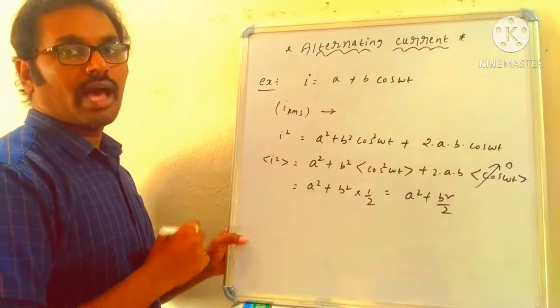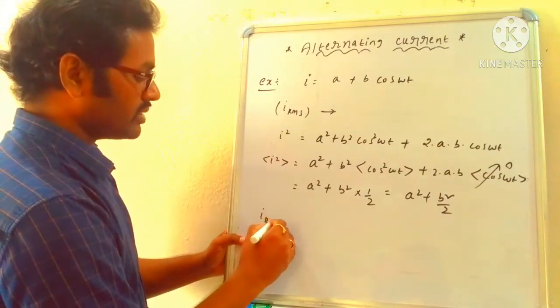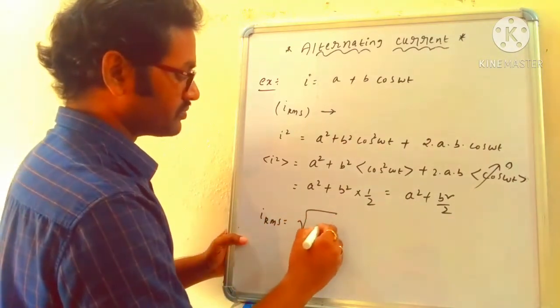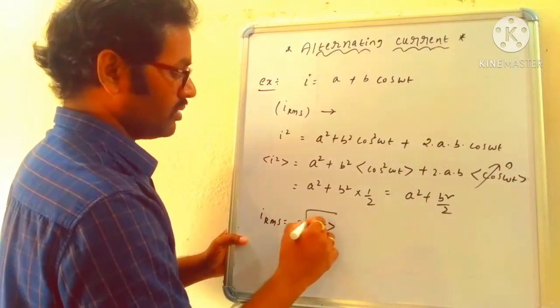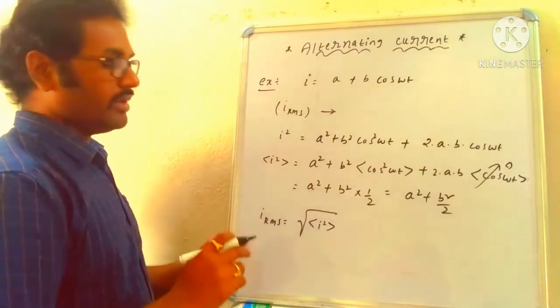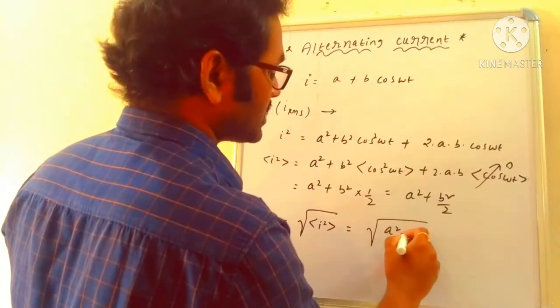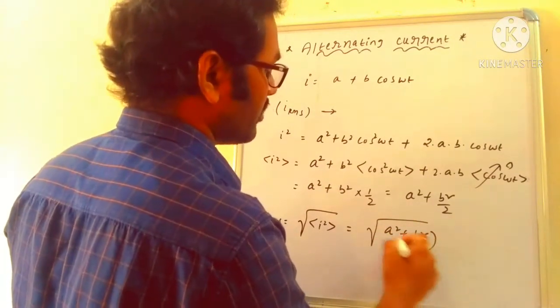To find the RMS value, we need to take the root of this. So I RMS is equal to the root of the mean of the square, which is under root a square plus b square divided by 2.